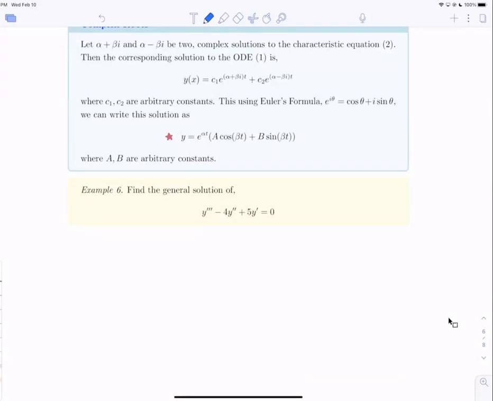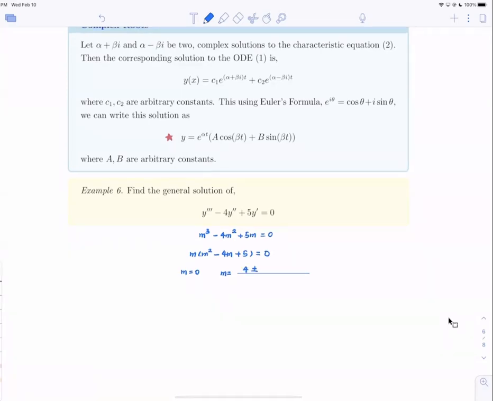Again, let's write the characteristic equation first. m cubed minus 4m squared plus 5m equals 0. So m times (m squared minus 4m plus 5) equals 0. That means your m equals 0 or m equals 4 plus or minus square root of 16 minus 20, over 2.